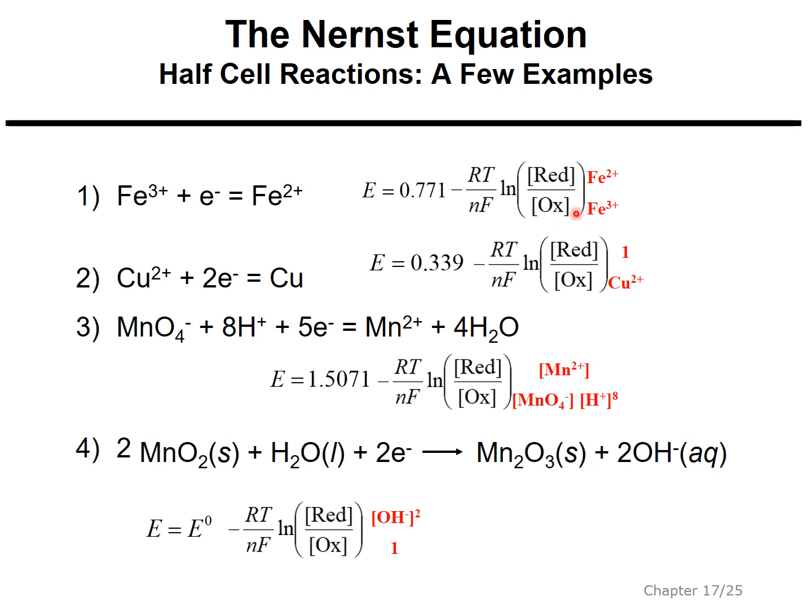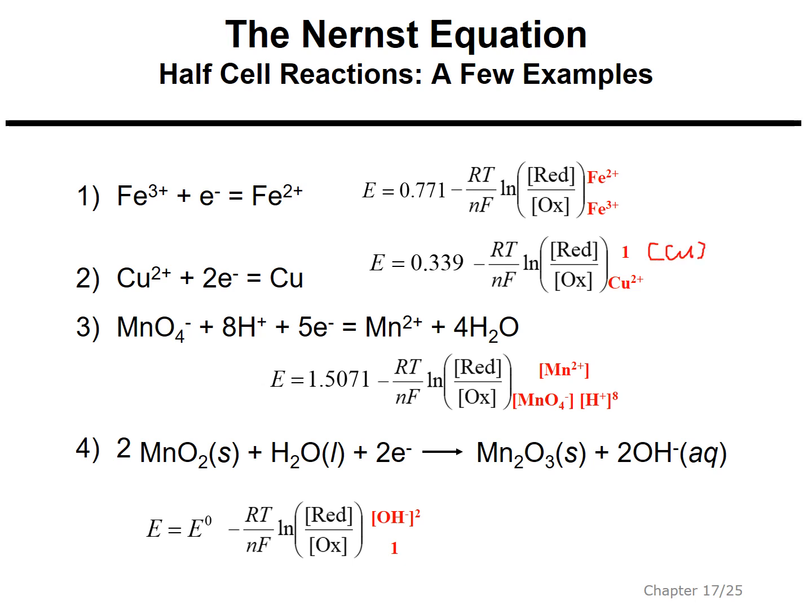Okay. Let's go to copper 2 plus going to copper. The standard reduction potential is equal to 0.34 volt. Minus RT over nF ln of the reduced species, which is copper, the concentration of copper.